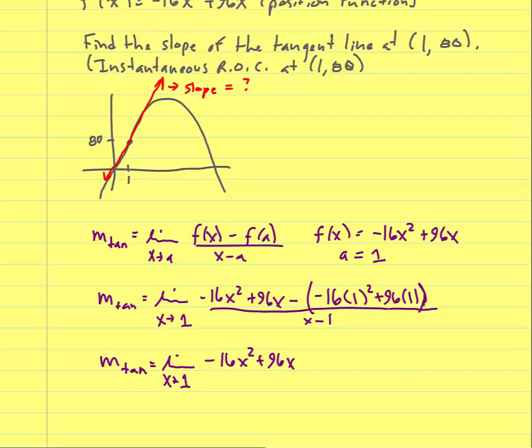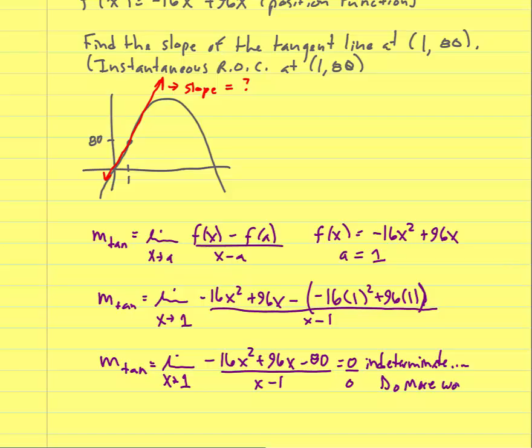So 96 minus 16 would bring us to an 80. So I have a minus 80 here, and this is all over x minus 1. Well, if I plug 1 directly in here, I have negative 16 plus 96, which would be 80. 80 minus 80 is 0. This is 0 over 0, which is indeterminate. Now remember from our previous unit, indeterminate means to do more work.